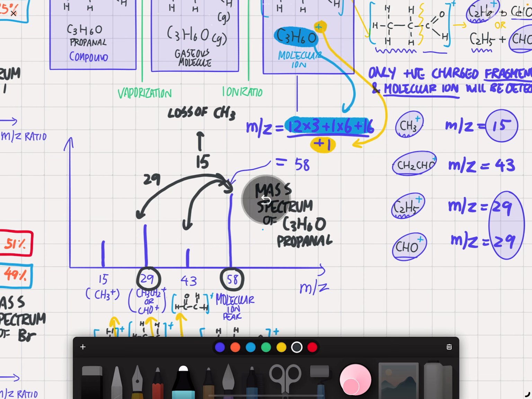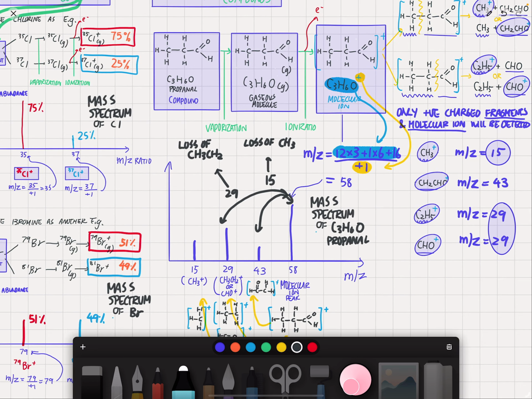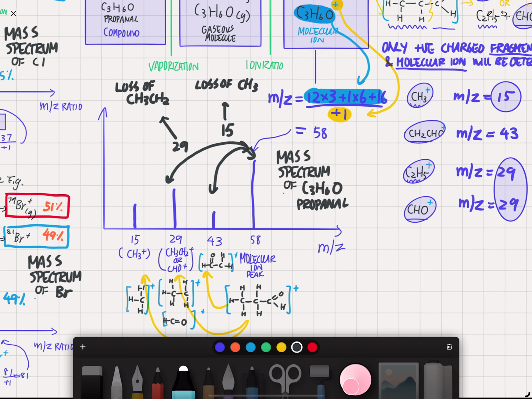So when you see a loss of 29 units of mass, this could be due to the loss of a larger fragment than the one with 15 units of mass. So this is CH3CH2, for example. So by comparing the different peaks in here, we can tell what kind of compound this is.